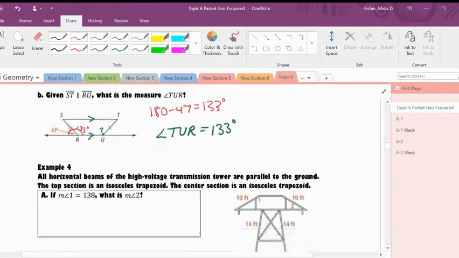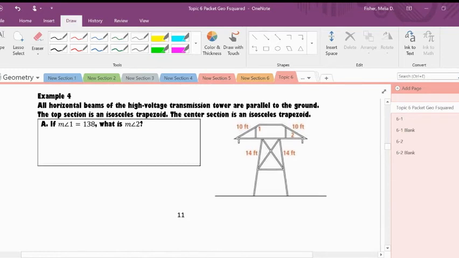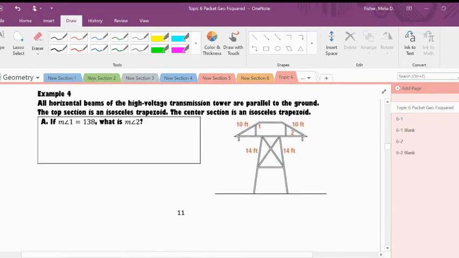We're going to roll right into example 4. All horizontal beams of the high voltage transmission tower are parallel to the ground. The top section is an isosceles trapezoid. The center section is an isosceles trapezoid. If angle 1 is 138 degrees, what is the measure of angle 2?